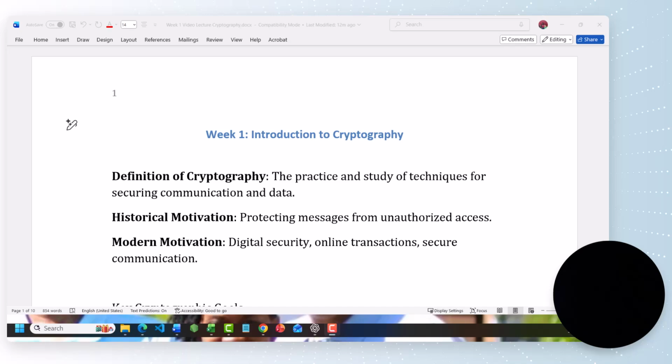But I want to give you a foundation as to where things started and what the ultimate goal of cryptography and data security is.